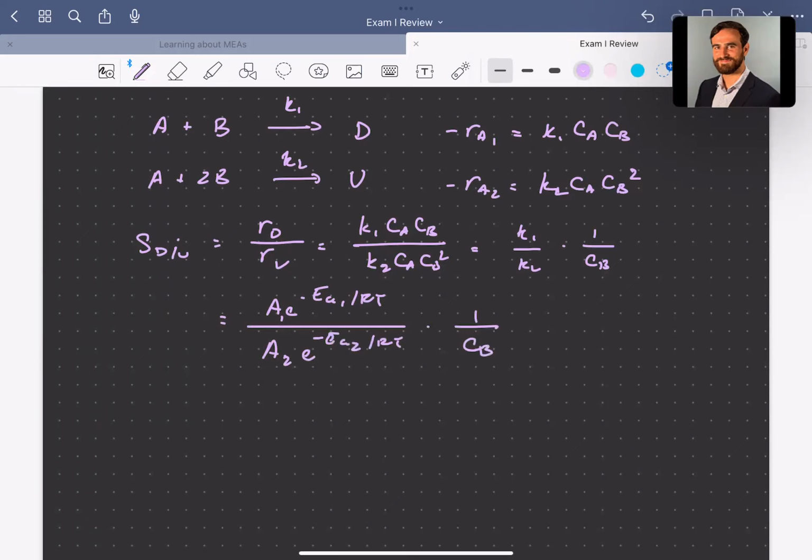Let's say EA1 is greater than EA2. So the sensitivity to temperature of the first reaction is larger than for the second reaction. So this means that K1 will increase more rapidly than K2 when you increase temperature, and the reverse would be true. So K1 increases.